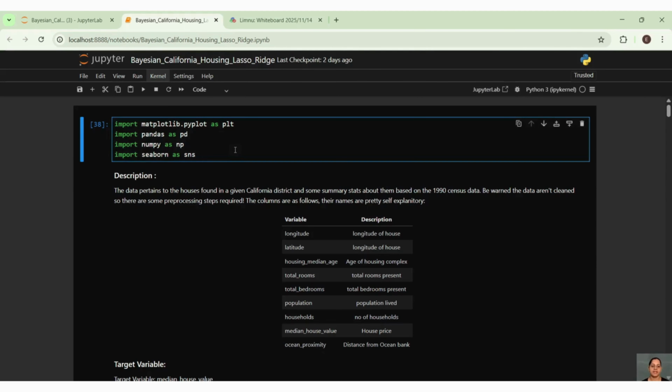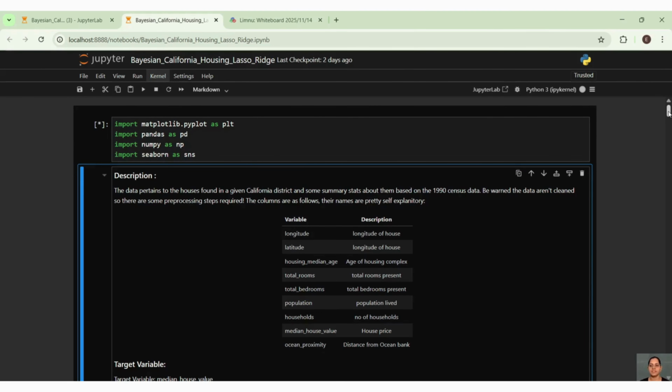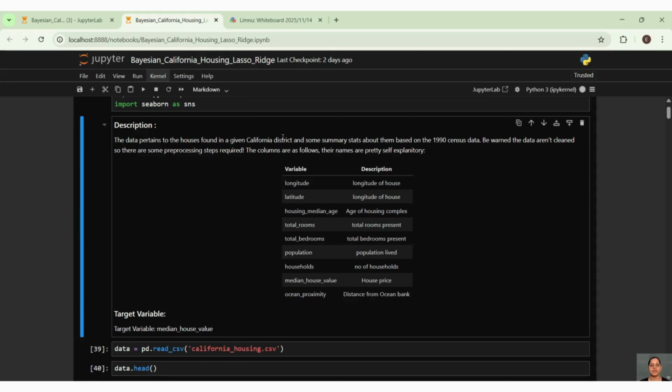So here I have taken a data set of California districts, and how the house prices or property prices are affected in that area. Let's explore the data set first. So here the data has summaries of different house prices.